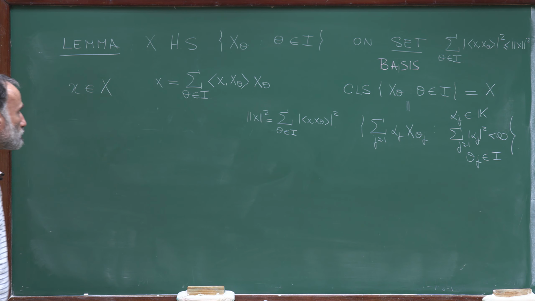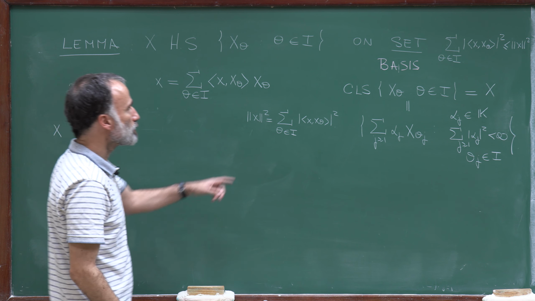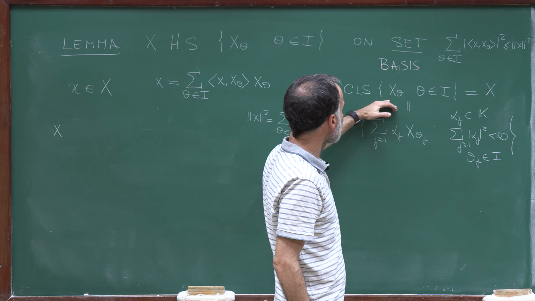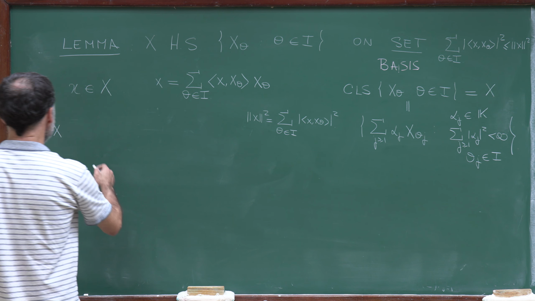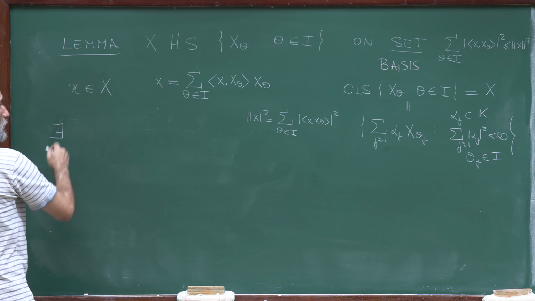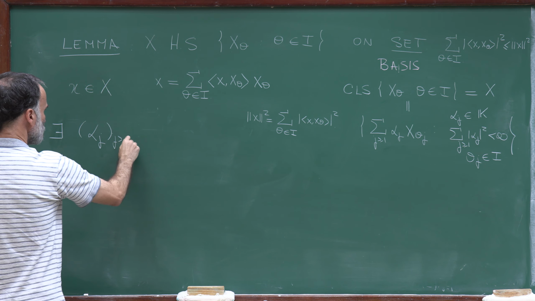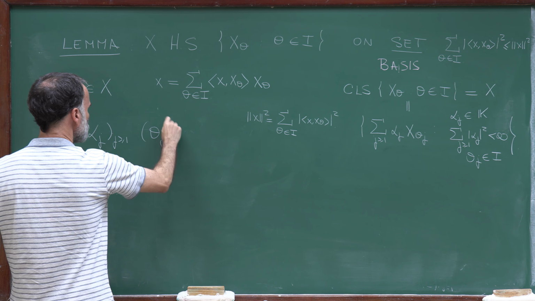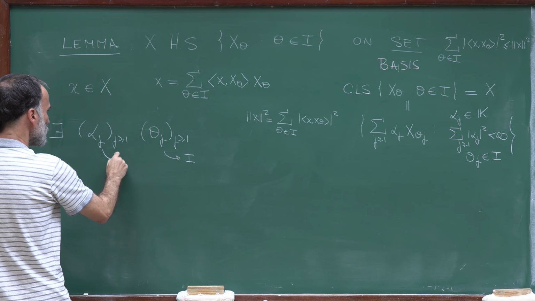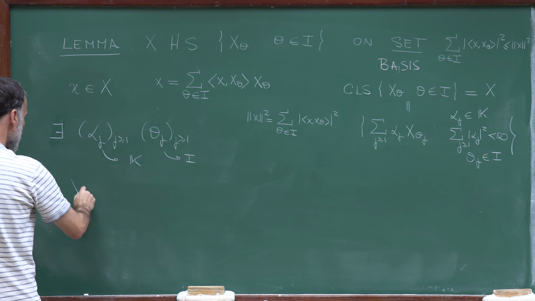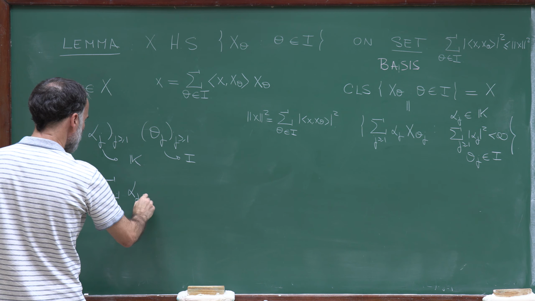So let's prove that. Since x belongs to X, and this is a basis, X is equal to the closed linear span. The closed linear span is given by this expression. So there exist alpha j's in k and theta j's in I such that x is equal to the sum of alpha j x theta j.